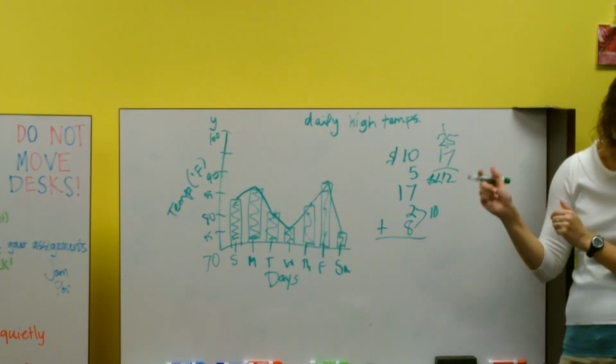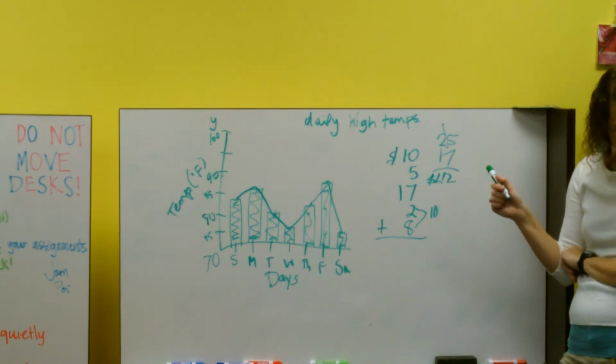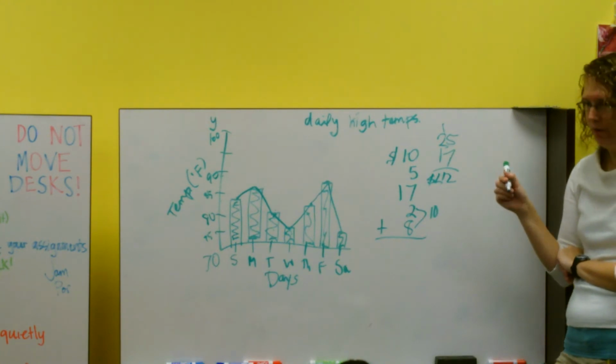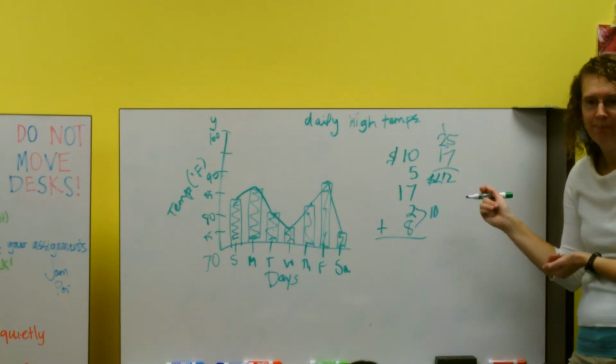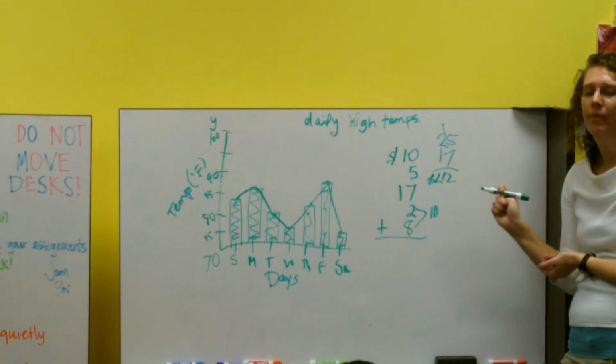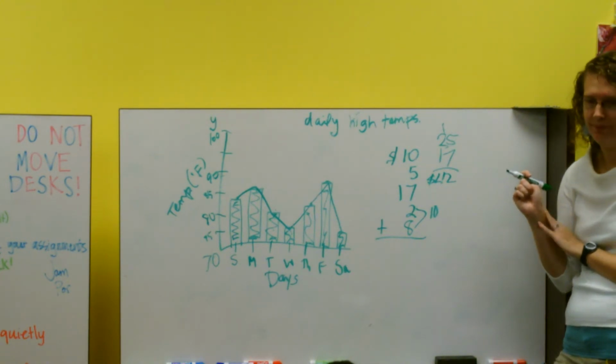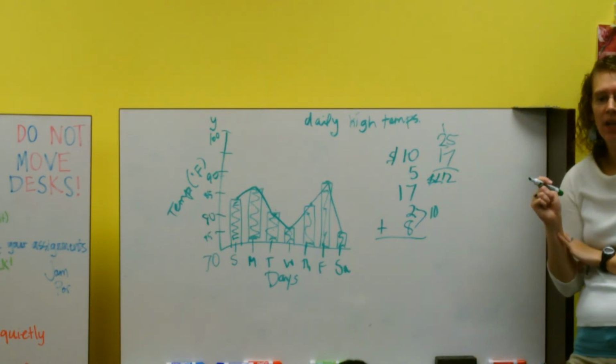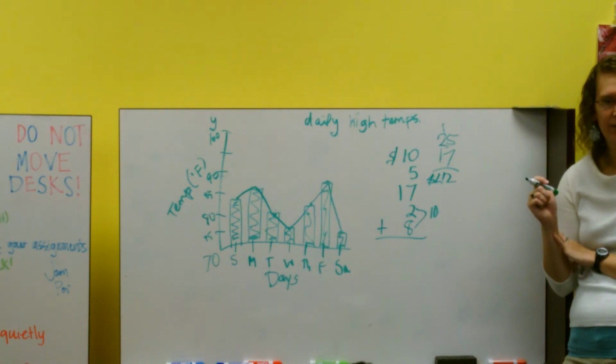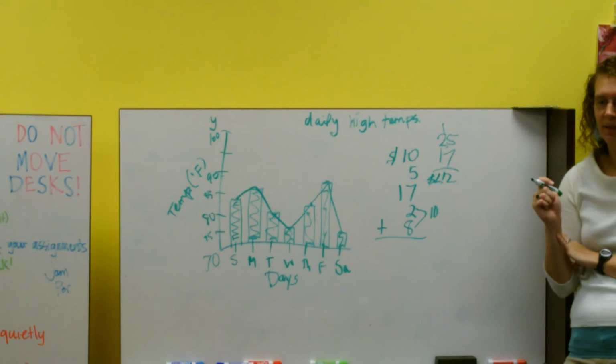And it asks, how much more did he spend on all this stuff than he spent on entertainment and junk food? So now we need to figure out what? What do we do next?